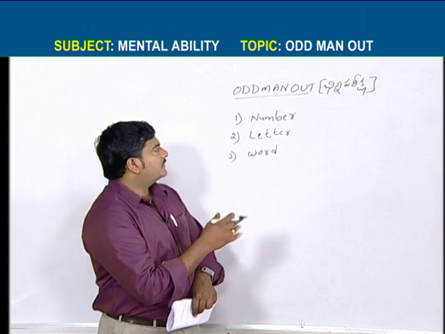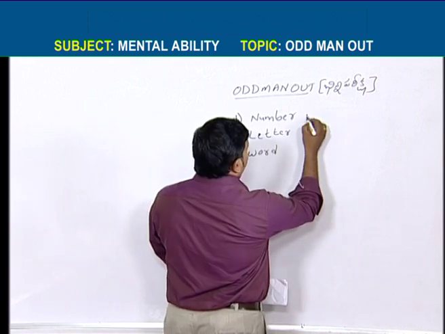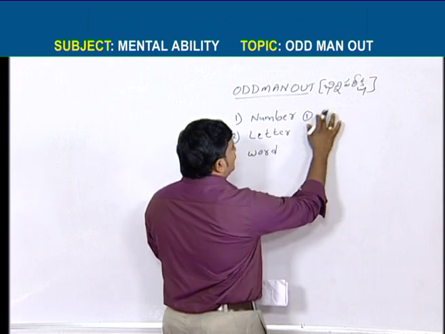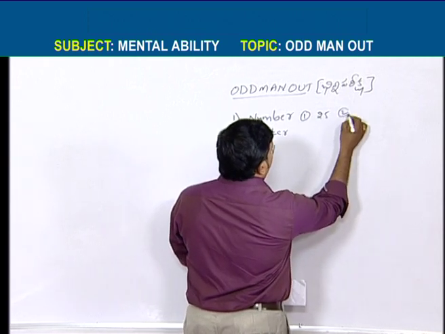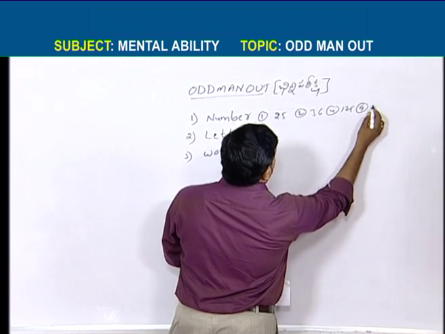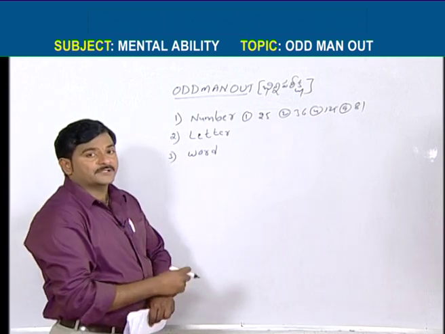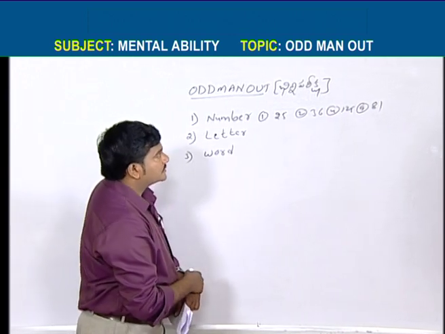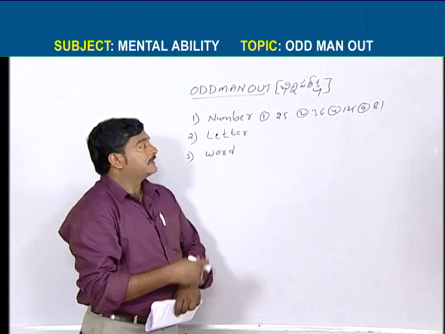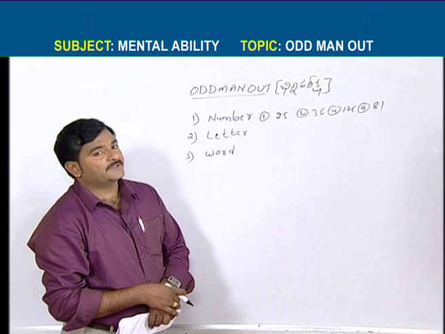For example, in number odd man out, take this question: 25, 36, 125, 81. Which one is the odd man out here?